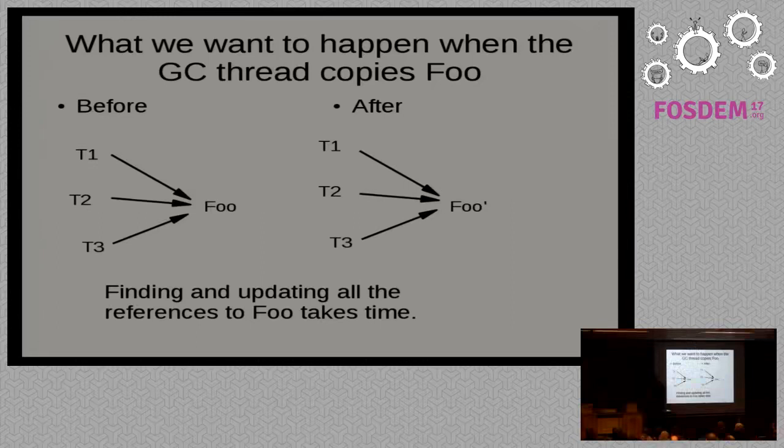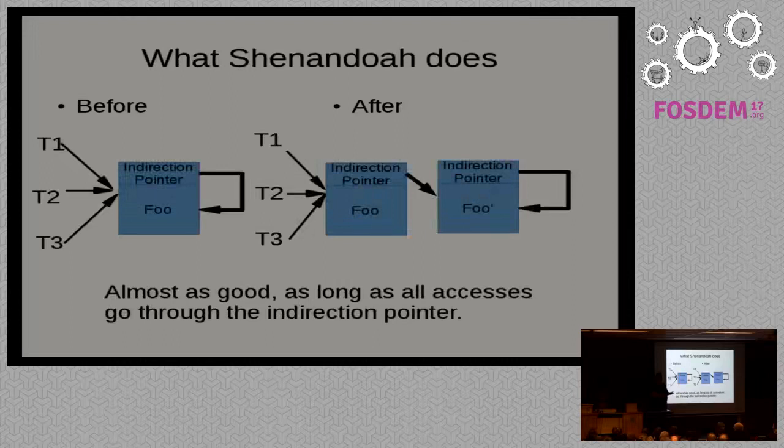So the secret sauce in Shenandoah, which isn't really secret sauce, is that we've added an indirection pointer to every object. Now this is the scariest part about Shenandoah. I was afraid that we weren't going to get accepted because with this pointer, we've increased the size of every object. But the power it gives you is worth it, right? Because you have these two threads that are pointing to foo.